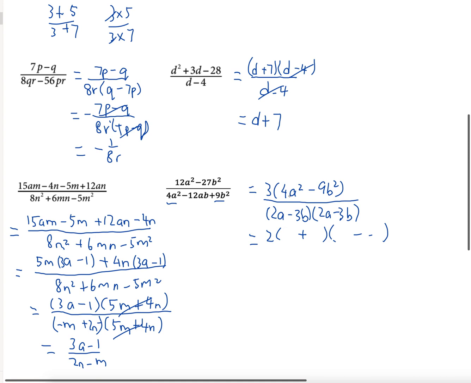So 4a squared is 2a times 2a, and 9b squared is 3b times 3b. So now we have a common 2a minus 3b, which we can cancel. We have to leave our answer in a factorized form for the numerator and the denominator.